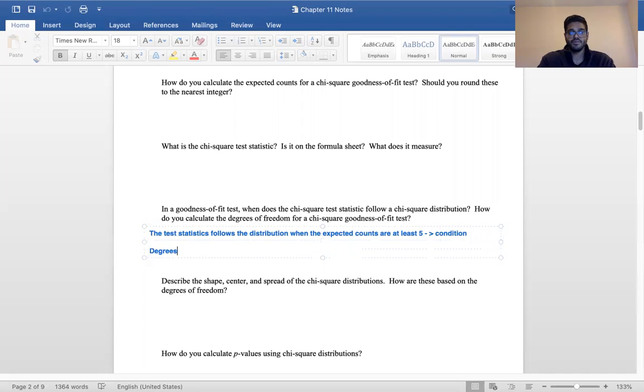Your degrees of freedom is equal to the number of categories minus 1. Notice that df is not dependent on the sample size, but rather the number of categories.